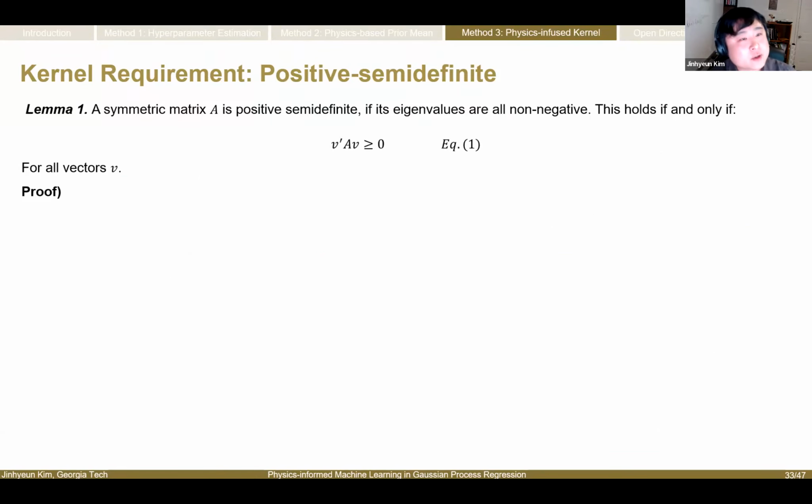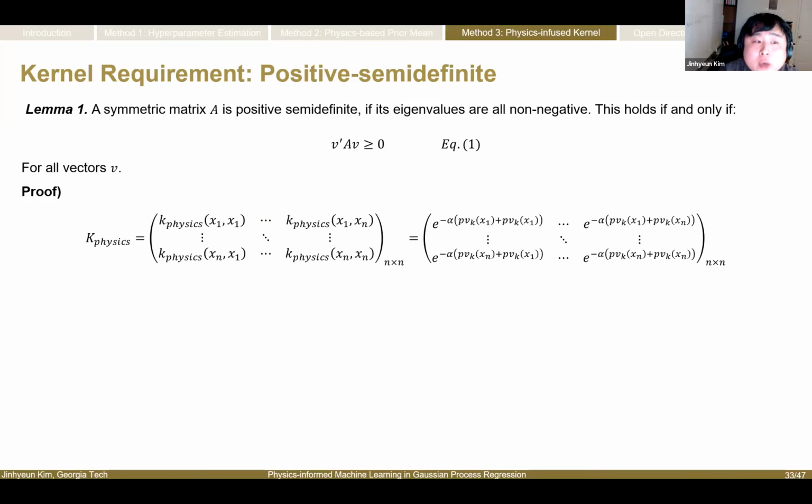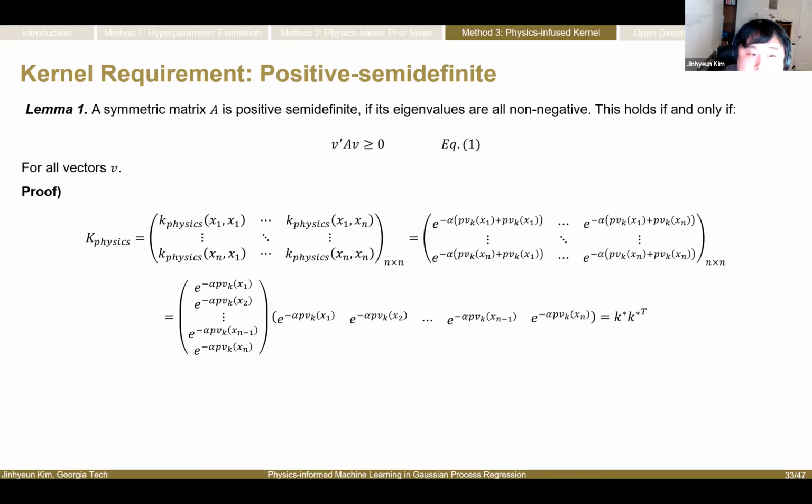One of the requirements for a kernel is that it should be positive semi-definite. We know that our kernel is symmetric, so we should meet equation 1. When you look at the K-physics kernel, it can be represented as the exponential form that we talked about before. And actually, it can be divided into two column vectors, K star and K star transpose.